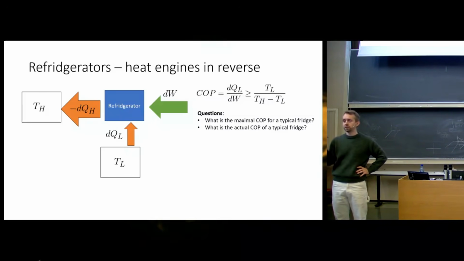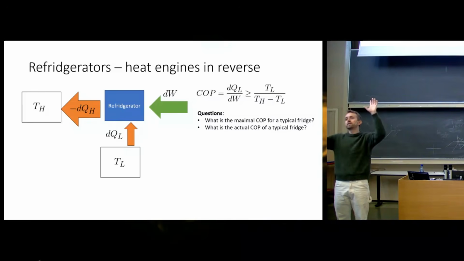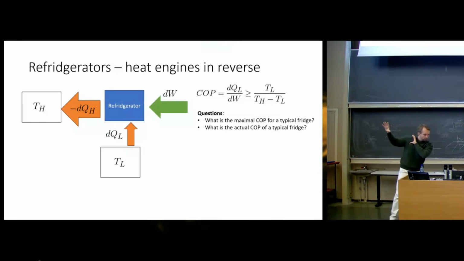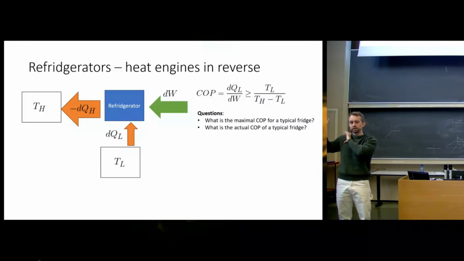If you turn the heat engine in reverse, you get refrigerators, where the interesting quantity is not the efficiency, it's the coefficient of performance, which is defined slightly differently. But it's the same kind of thing as the efficiency, right? If an engine is very efficient, the corresponding refrigerator also has a high coefficient of performance. So that's the idea of this whole story.